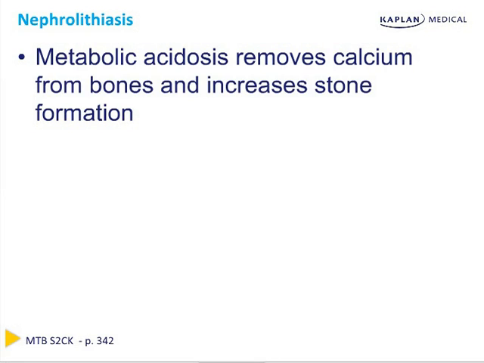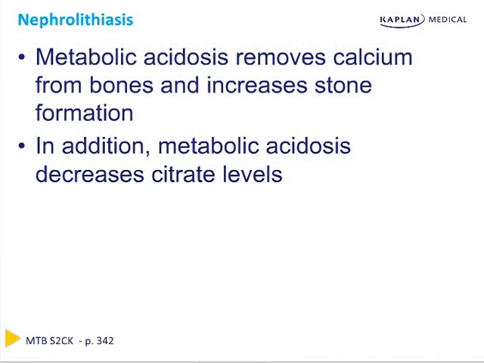Patients with metabolic acidoses are well known to be at higher risk for kidney stones. That's because the increased protons in the blood leads to calcium leaching from the bones. Increased calcium levels in the blood means there's more calcium available to form stones.